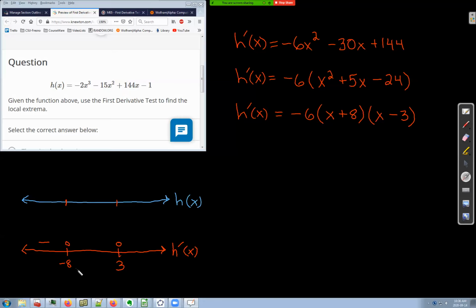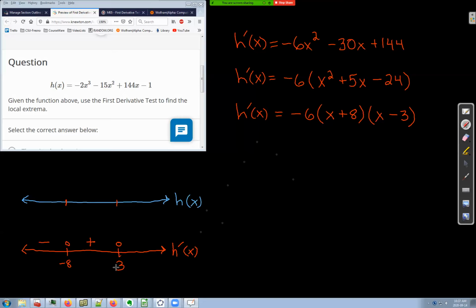All right, so now let's pick a number between negative 8 and 3. So 0 is a convenient number in there. If you put 0 in here, you get negative times positive times negative, and that makes a positive. So on this region, the derivative is positive. I'll indicate that by putting a little plus sign.